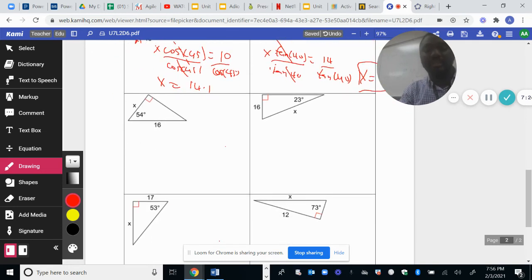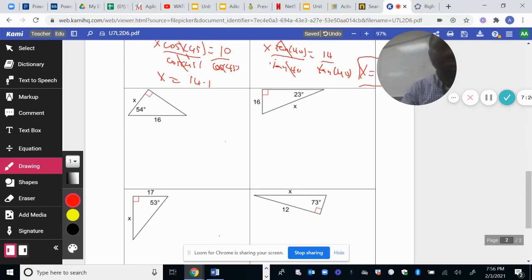And then the remaining ones, here we have this reference angle. This is opposite, this is hypotenuse, and this is adjacent. So we have adjacent over hypotenuse. That will be your cos. So cos 54 equals x over 16.